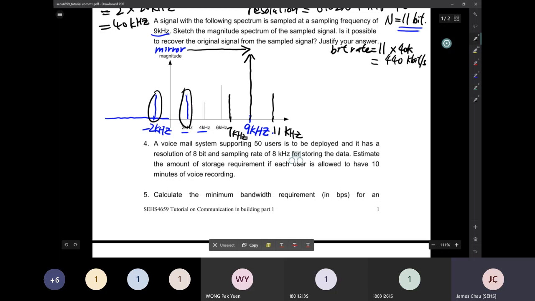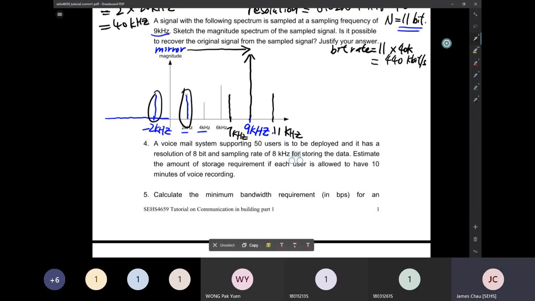You copy this one. Now, the calculation is very simple. You add 2 to 9, you have 11 kHz. You add -2 to 9, you have 7 kHz. Okay? Therefore, you try to complete the other components and draw the sampling spectrum.